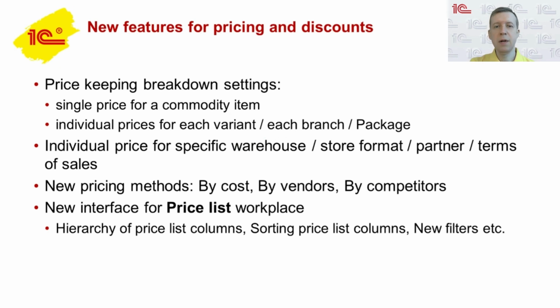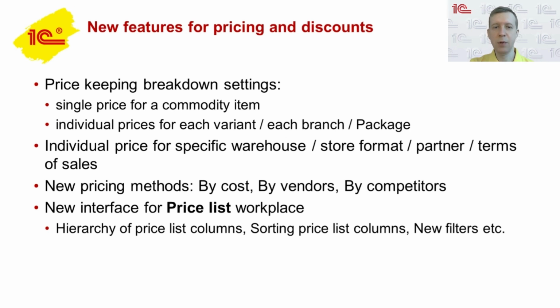If you have been using our program for a long time, then please pay attention to new features in version 2.5.6 and older. Now you can choose how the price is assigned.